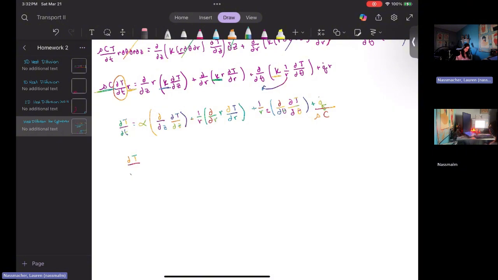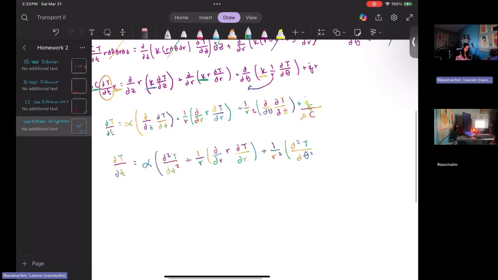So we have our heat diffusivity is equivalent to our thermal diffusivity multiplied by the second derivative of our temperature over the second derivative of our change in the z direction, plus 1 over our radius multiplied by our derivative of our radius multiplied by our radius, multiplied by the change in the temperature over the change in our radius, plus 1 over our radius squared, multiplied by the second derivative of temperature over the second derivative of our change in theta.